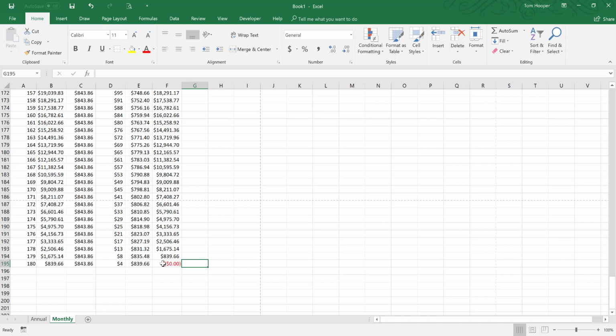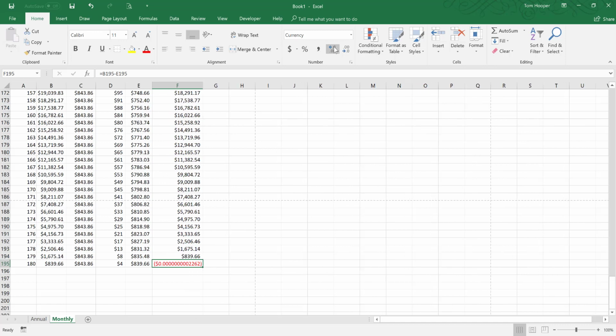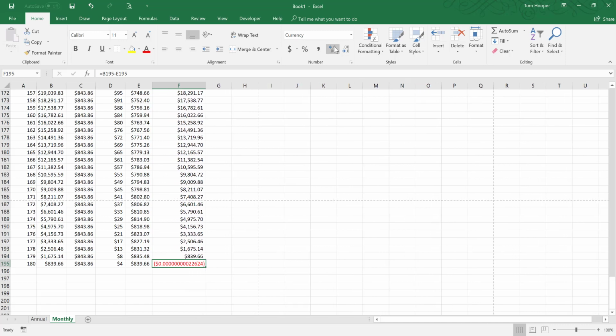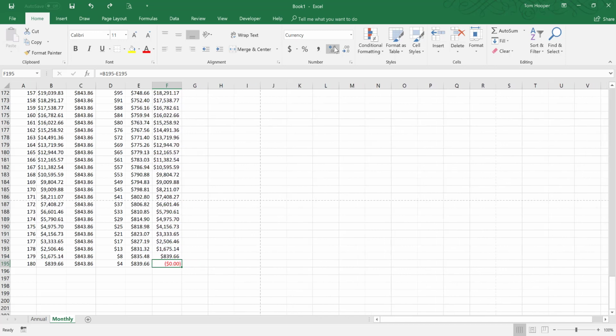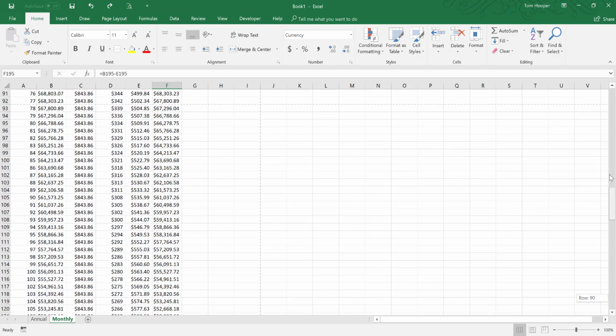Now it's red telling me it's negative, so it's probably not exactly 0, but it's very, very, very close. I'm going to undo all those. So now we have a monthly loan table. It gets paid off in 180 months.